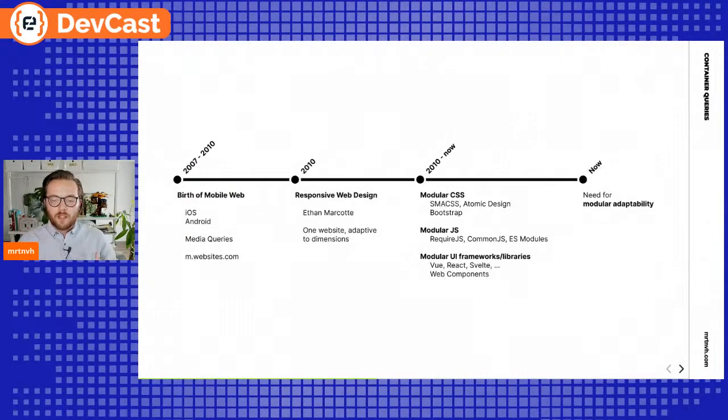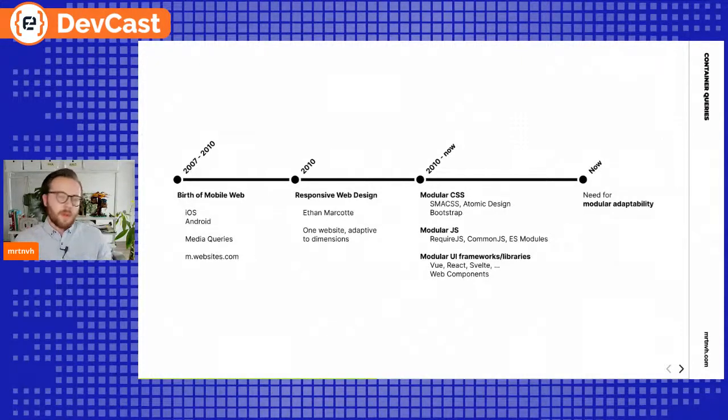Why can't we just have one website that is adaptive to its dimensions, that can have a fluid grid instead of a fixed one, that shows and hides content with the help of media queries. And from 2010, since that article until now, we've seen that responsiveness grow more and more.